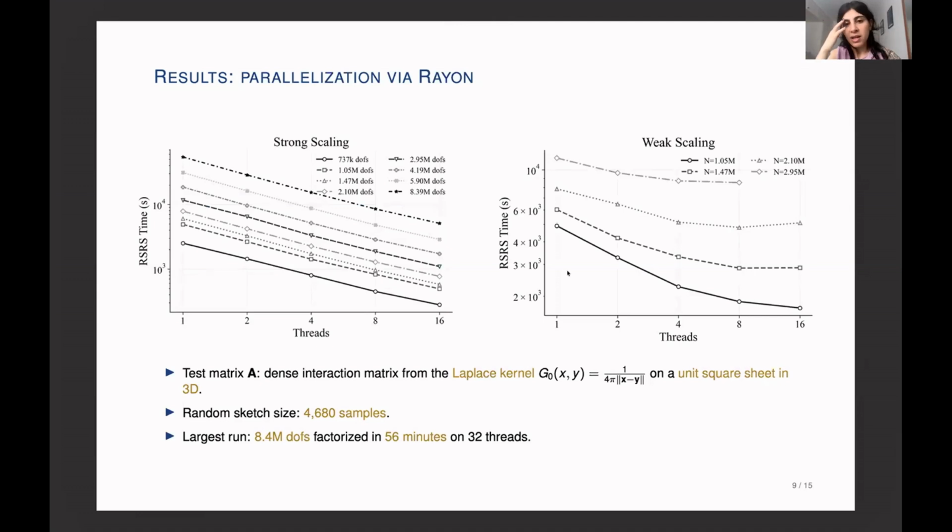We also tested how the parallel implementation with Rayon scales, and we see that there is a payoff when we implement parallelism using Rayon. For the largest problem we tried, around 8.4 million degrees of freedom, we can achieve a factorization in less than an hour with 32 threads.